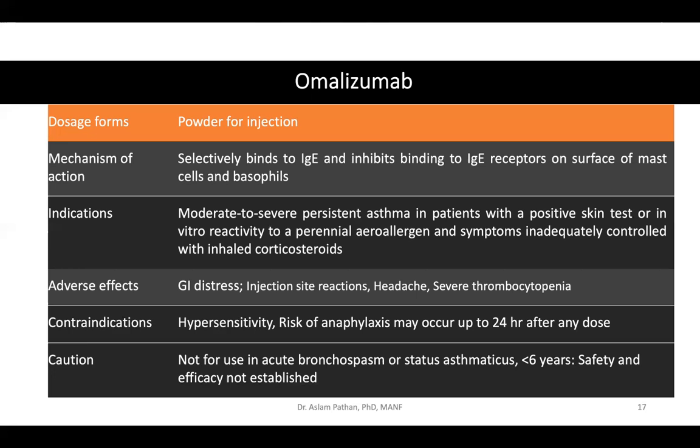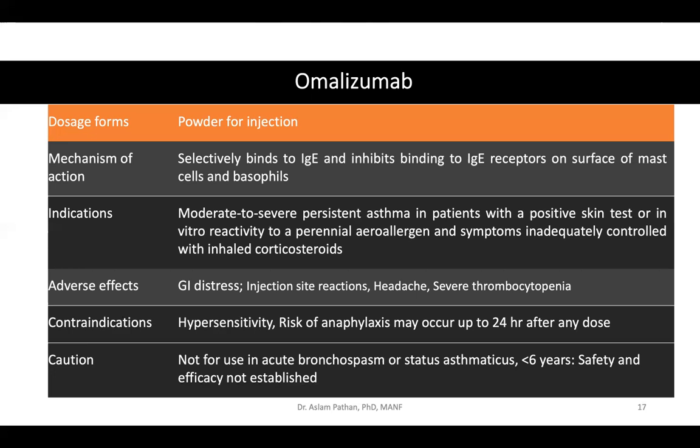Adverse effects of omalizumab include gastrointestinal distress, injection site reactions, headache, and severe thrombocytopenia. This severe thrombocytopenia is reported in post-marketing reports. After the post-marketing reports, the use of omalizumab leads to severe thrombocytopenia.